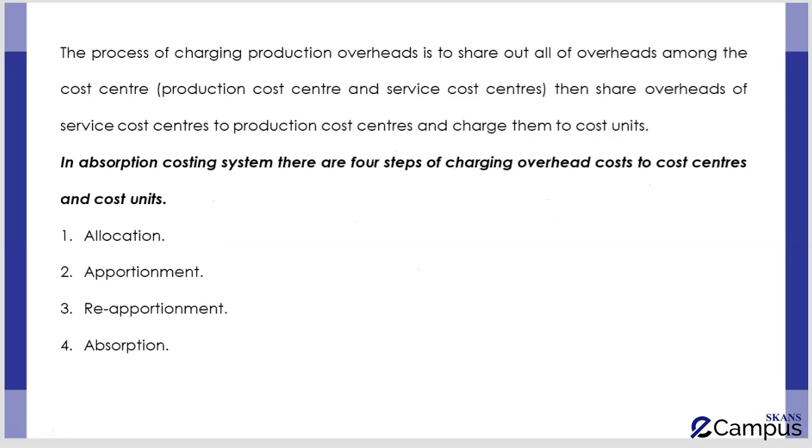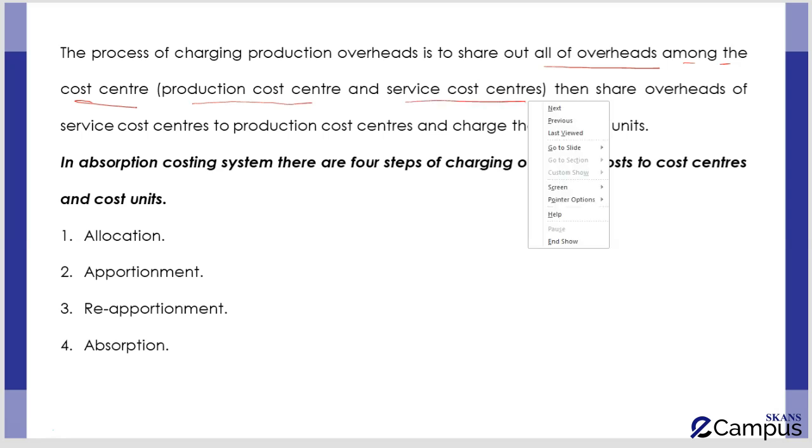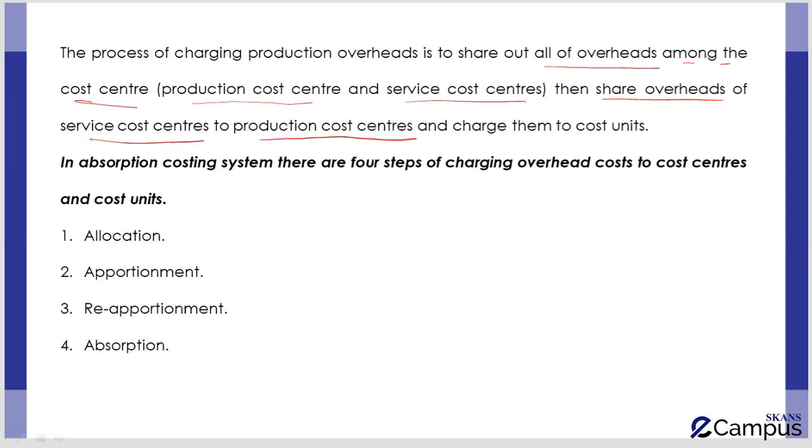Now moving on to next, the process of charging production overheads is to share out all of the overheads among the cost centers. Cost center means production cost centers and service cost centers. Then share overheads of service cost centers to production cost centers and charge them to, or you can say convert them to, cost units.